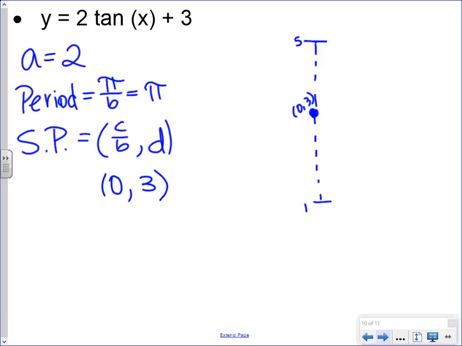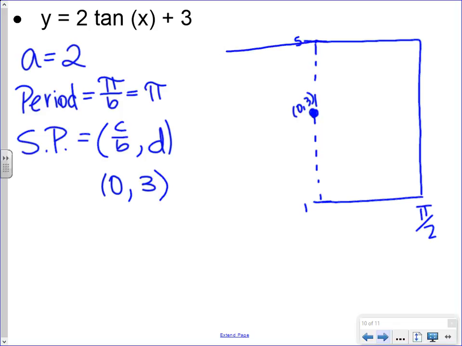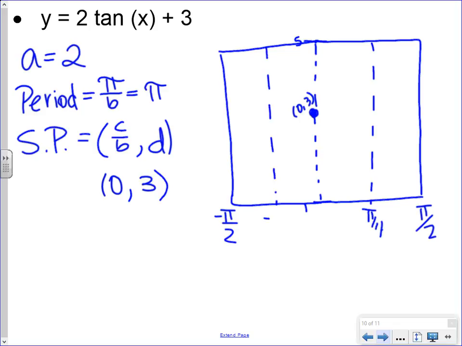So we are going to go to the right pi over 2, and to the left pi over 2. And then we will still make our quarter marks just like normal.